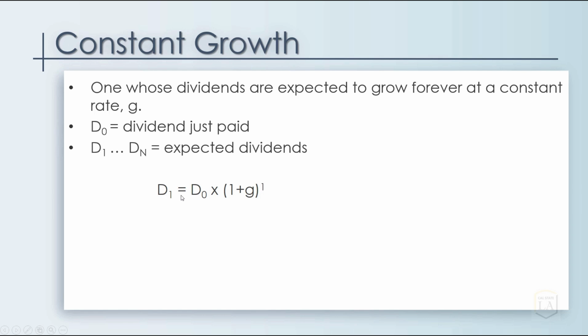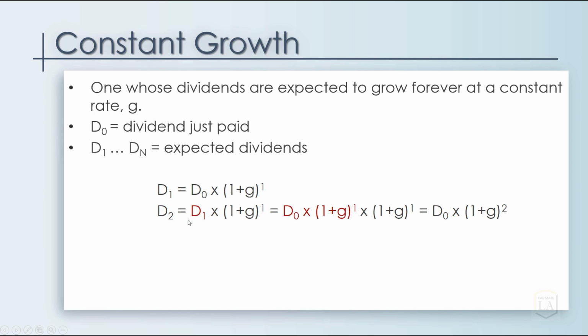So that will be the dividend in year 1. And then if we continue with this calculation, the dividend in year 2 would be dividend 1 grown at the growth rate of G. So 1 plus G to the power of 1. But if you take a look at D sub 1, that was actually this calculation right over here. So D sub 0 times 1 plus G to the power of 1, right?